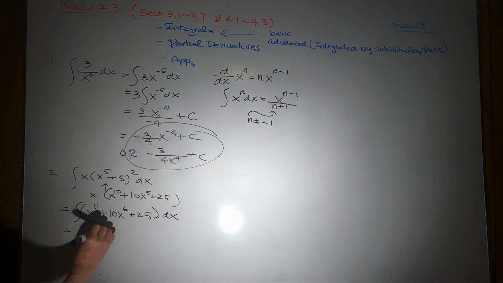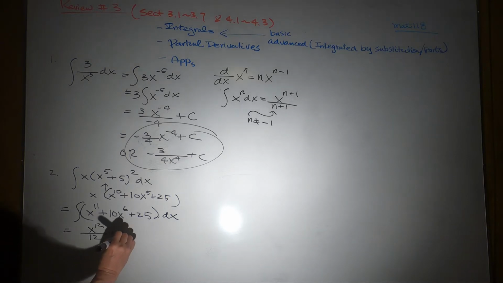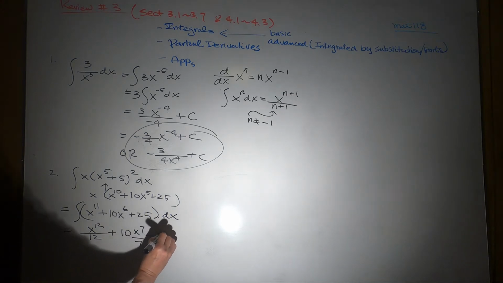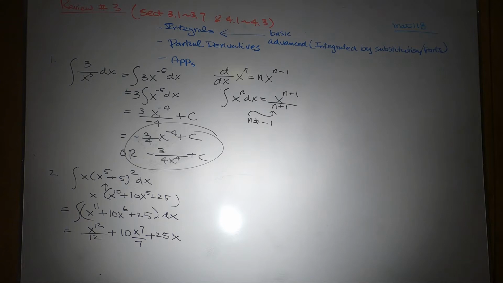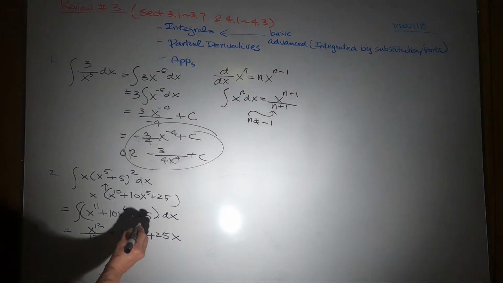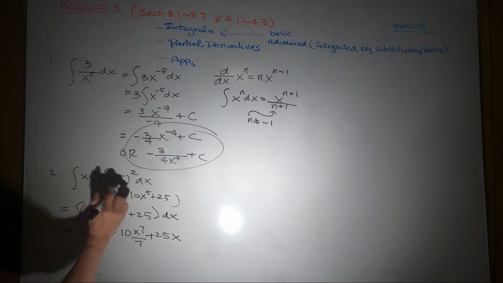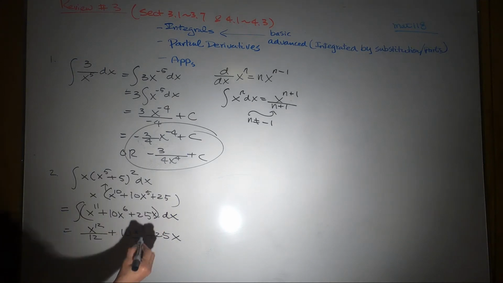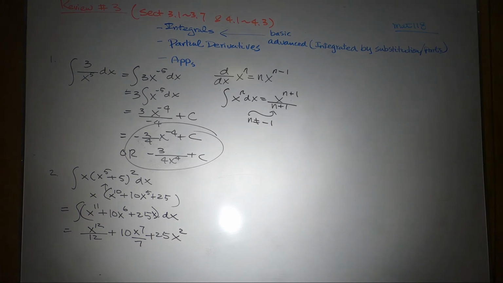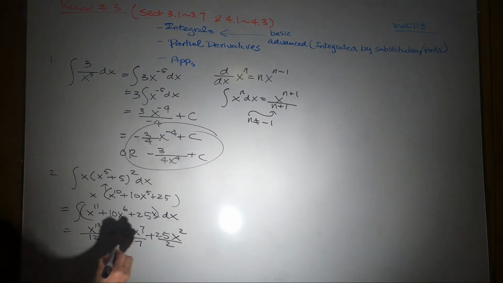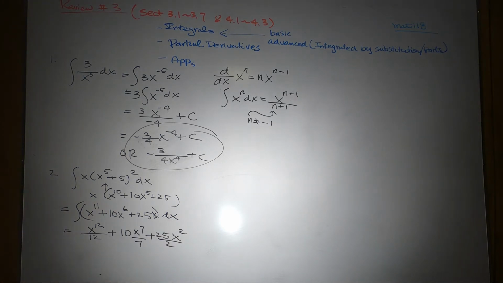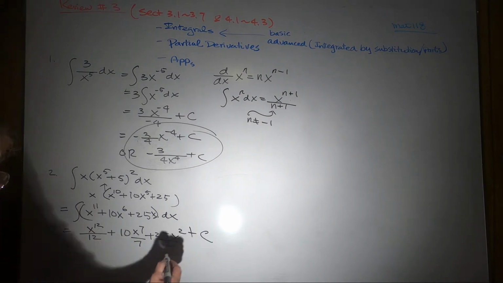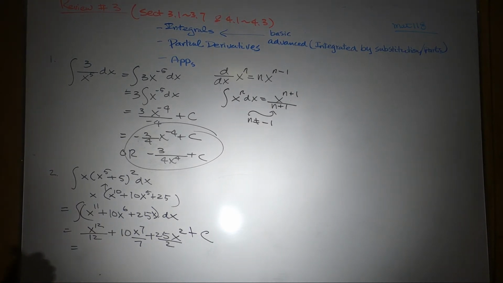So this one would be x^12 over 12 plus 10x^7 over 7 plus 25x, right? So, oops, where is my x? This one, x times this is x, that's x squared divided by 2. Right? Then plus your arbitrary constant.